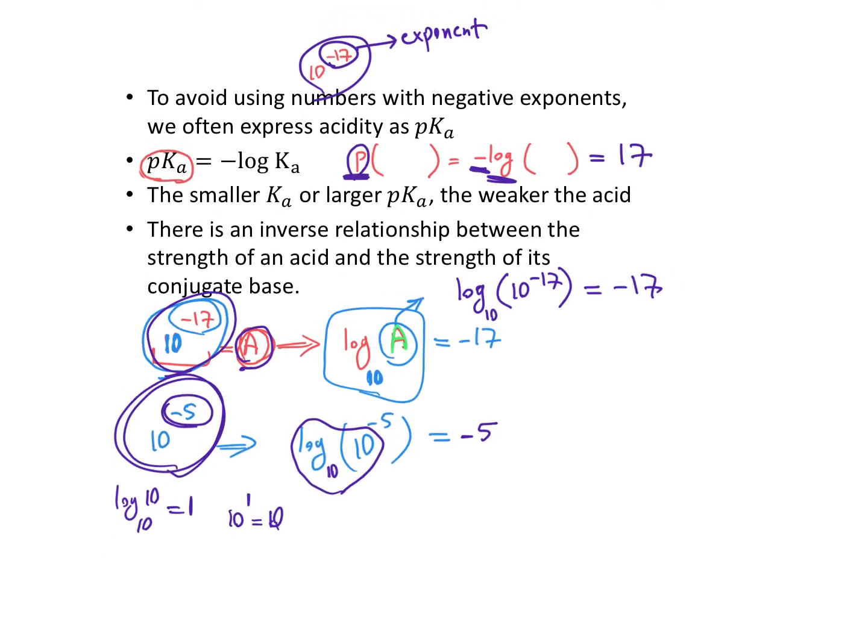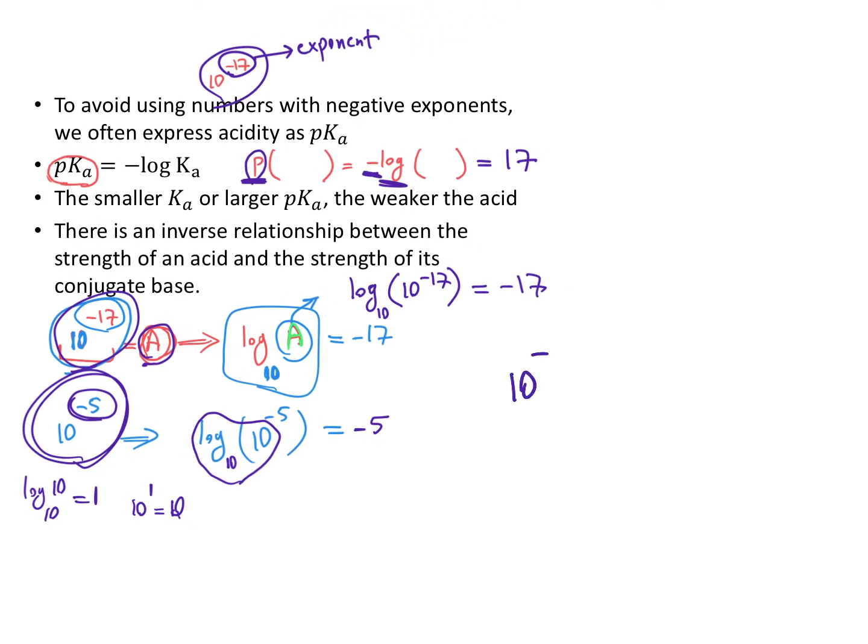Okay, if no question, if I ask you which one of these numbers is bigger, 10 to the power of minus 17 or 10 to the power of minus 15? 10 to the power of minus 15 is bigger, right? Because when the power is numerically bigger, we have a bigger number, and minus 15 is bigger than minus 17.